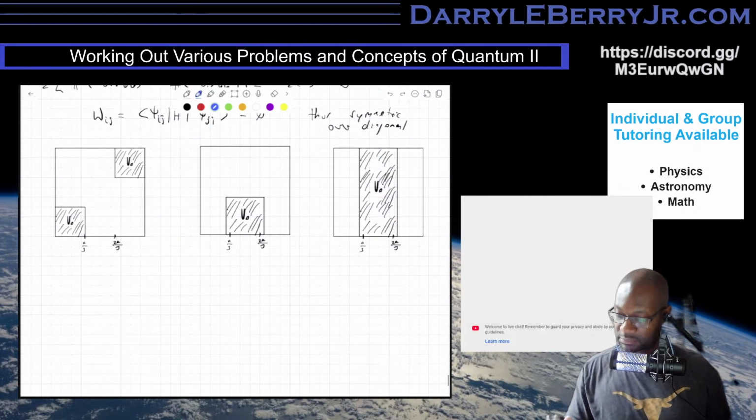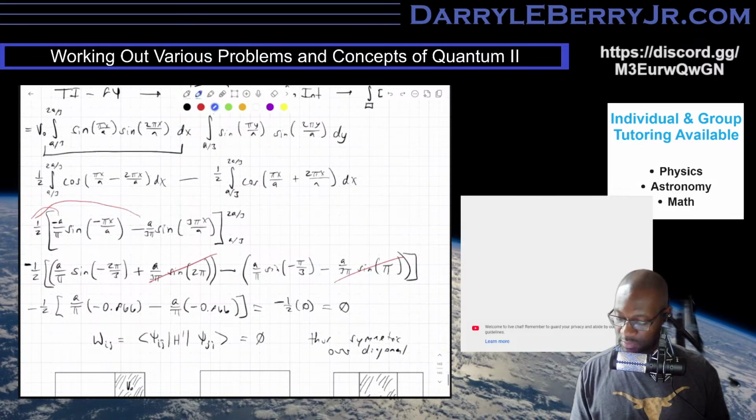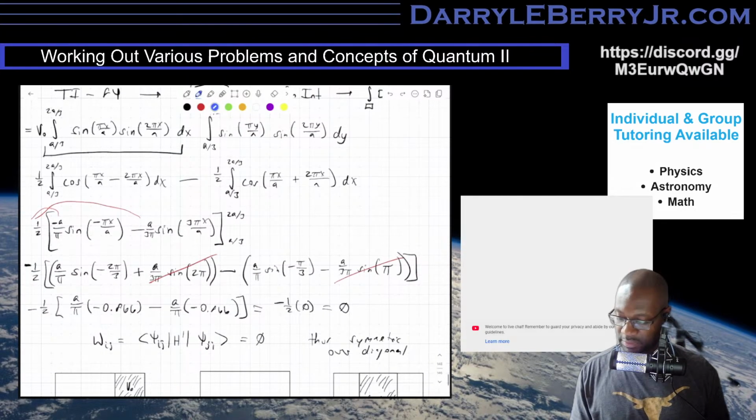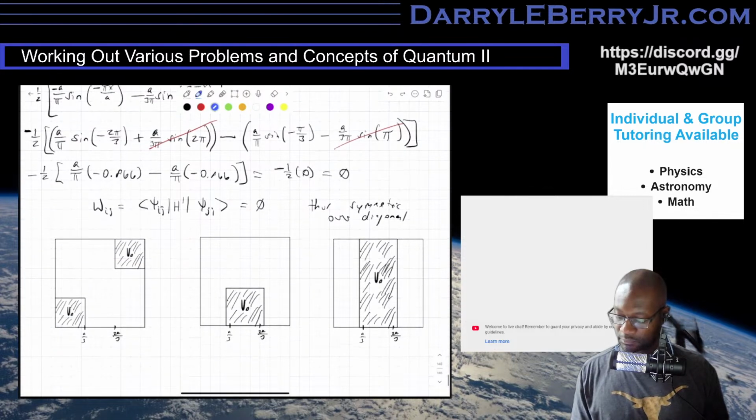See what it looks like. So basically, we can do this same integral here. But now it'll be more complicated.